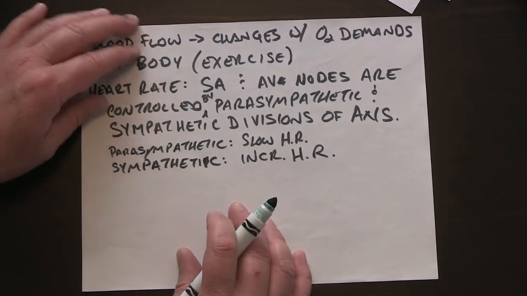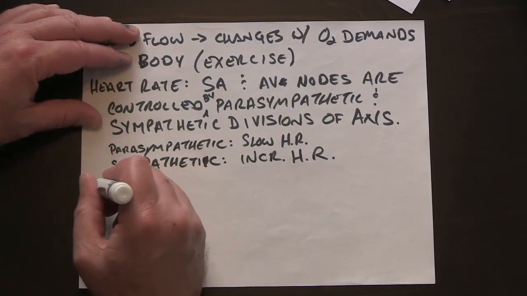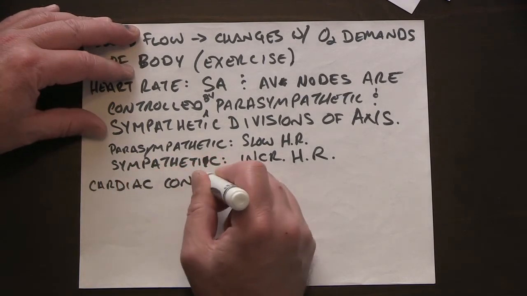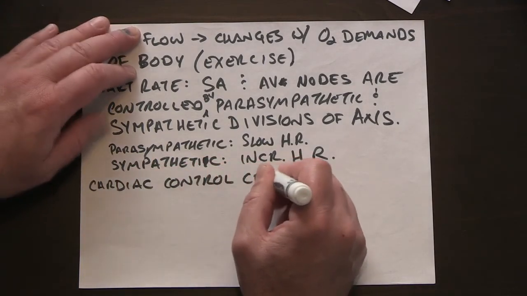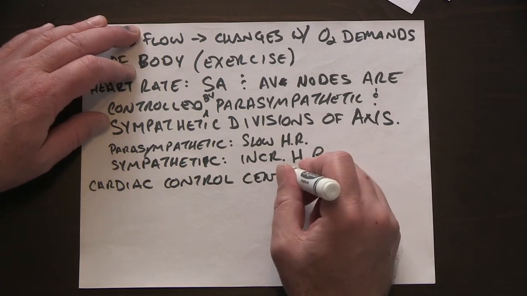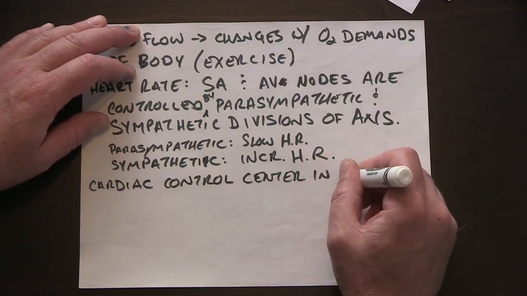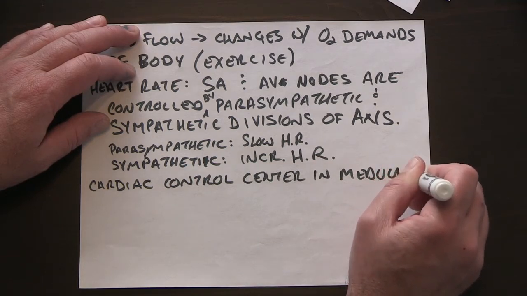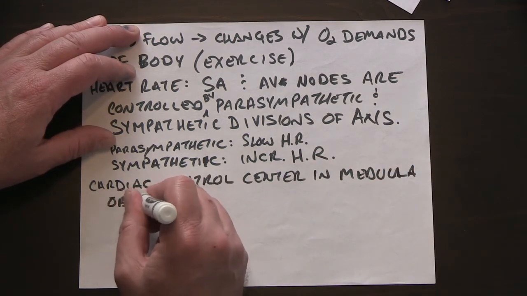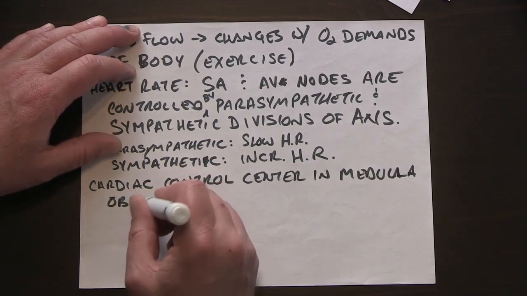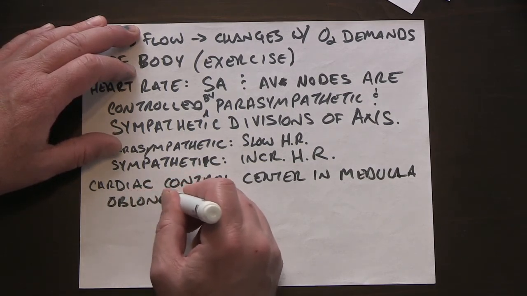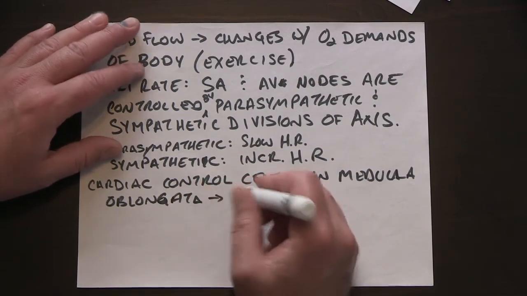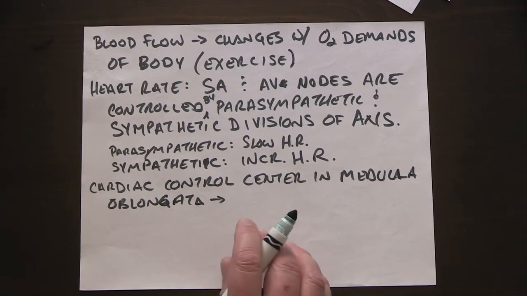There are also parts of the brain. Cardiac control center. Of course, you remember that's in the medulla oblongata. So there are what are known as baroreceptors.